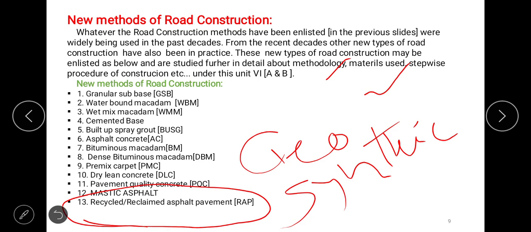This debris need not be discarded or thrown. It can be reused by taking it to a crushing plant, crushing it to the suitable required sizes, and bringing it to the site, and it can be used along with the aggregates. This is also used as aggregates for construction of roads, thereby it becomes economical.